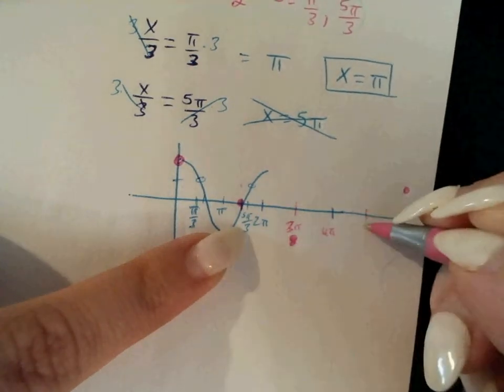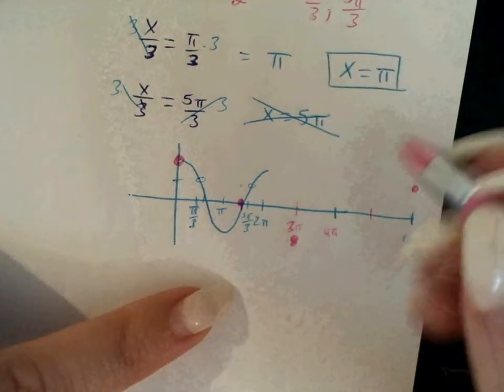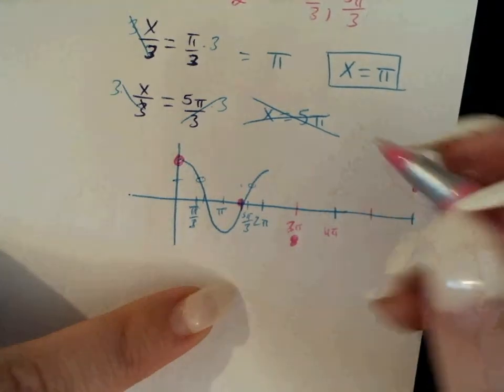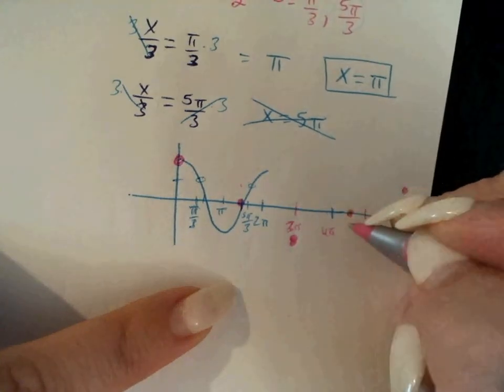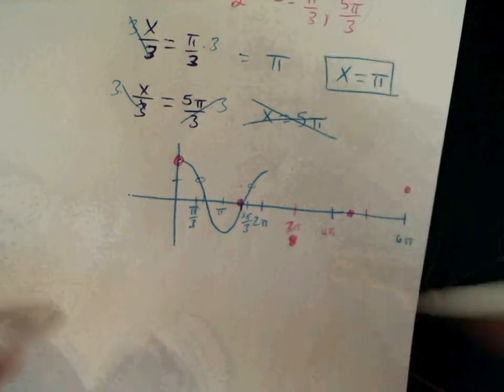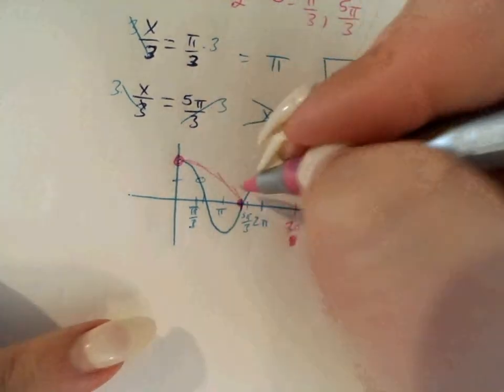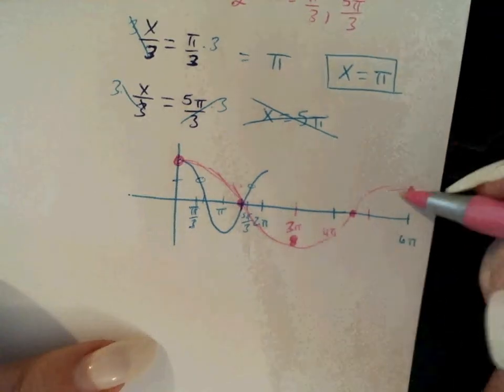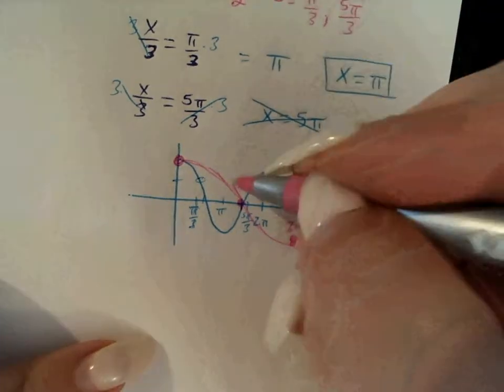And then it should be at the 0 at 3, 4, 5, 6, so it should be right here at 9 pi over 2, right? The question is when does it equal 1/2?